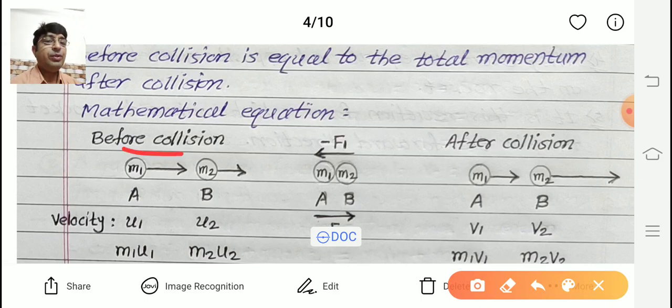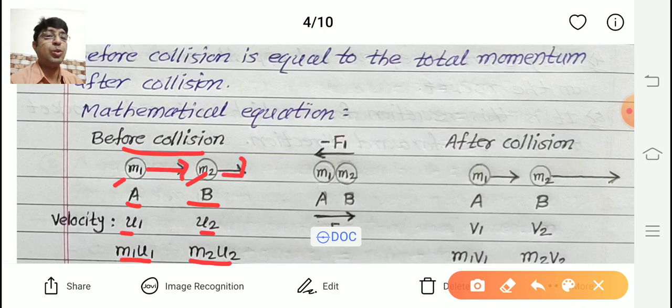Check. Before the collision, here are objects A and B. Object A has mass m1, object B has mass m2, with initial velocities u1 and u2 of these objects, and initial momenta m1 u1 and m2 u2. At the time of collision, after some time, one is moving very fast, the other more slowly.